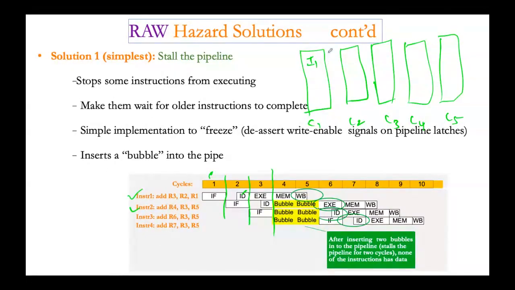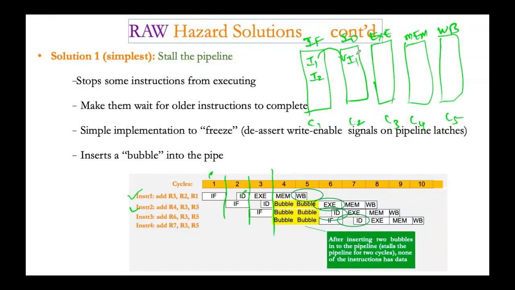In the second cycle, it is moving into the next stage: instruction fetching, instruction decoding, execution, memory, and write back. So in the second cycle, instruction 1 moves into instruction decoding, and when it is shifted, instruction 2 will enter into instruction fetching, because it becomes idle now.